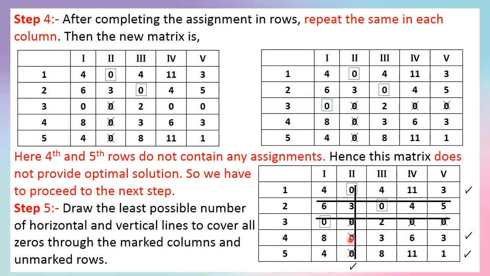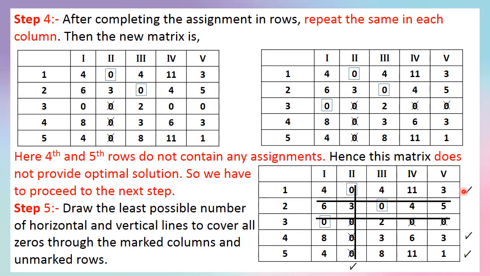So the 0 in the rows we marked exists in this second column, so we have to put a tick mark over here also. After putting a tick mark in the column, we have to observe the column, and if there is any assignment done, then we have to put the tick mark in that row also where the assignment is done.